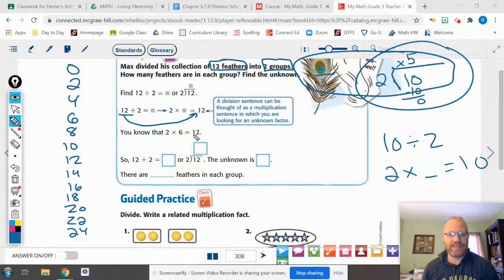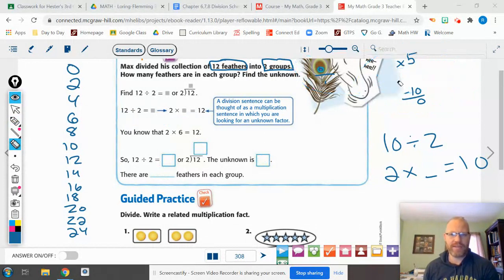You know that 2 times 6 equals 12, so 12 divided by 2 equals 6. The unknown was 6. There are 6 feathers in each group.